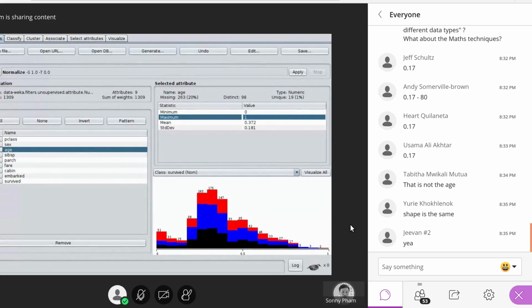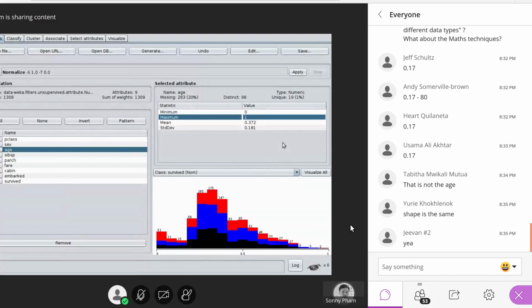It won't affect the shape, which is good because we don't want the transform to mess around with the distribution of the data. So this is called a linear transformation, and typically linear transformations preserve the shape of the histogram. That's what we would like to have with linear methods.